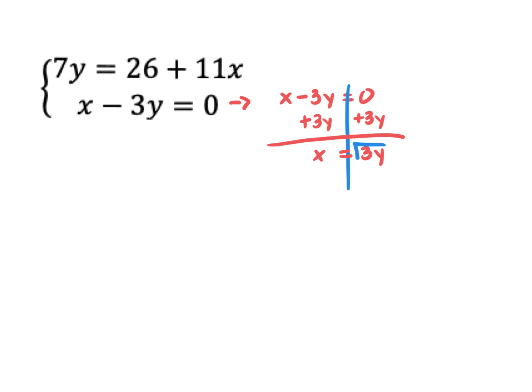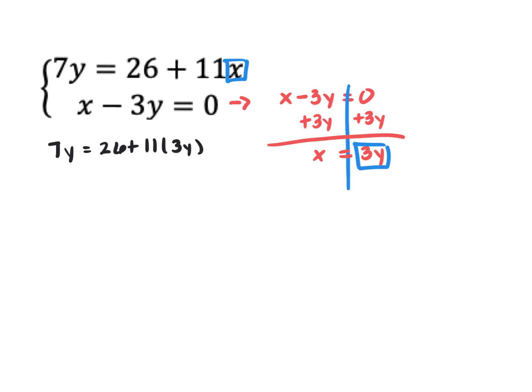So now I'm going to take this 3y and I'm going to go into the other equation, so the top one, and where my x is, that's where I'm going to substitute that 3y in. So let's go ahead and rewrite that one. So I'm going to say 7y equals 26 plus 11. Now I need a parenthesis, and I'm going to put my 3y in there, okay?